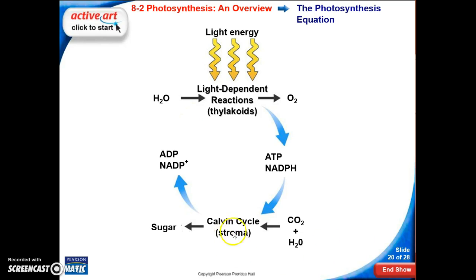After the Calvin cycle, sugar is made, and it's made with the help of the energy from ATP and from the energy that we get from the NADPH, and it also is using the carbon from carbon dioxide, and it uses some water to make the reactions work.